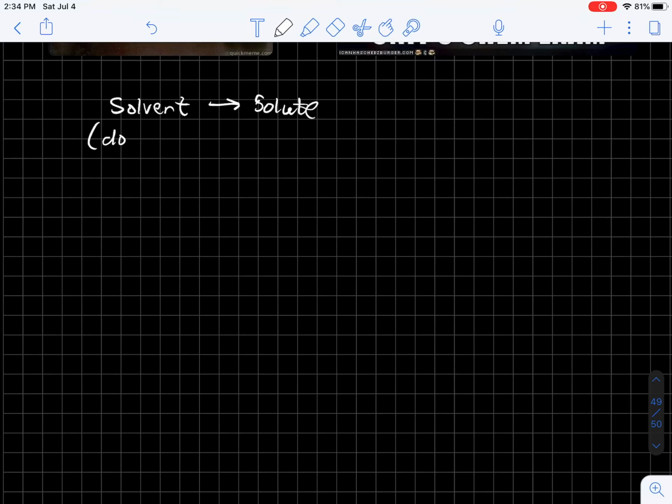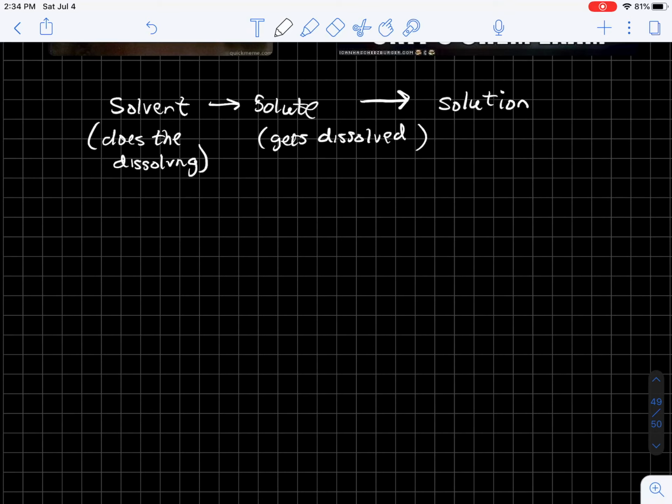So the solvent is the thing that does the dissolving, and the solute is the thing that gets dissolved. And when we put these together, we make what's called a homogeneous solution. That means that they look like they're one entity, but they're really not. The solute has just become spread out inside the solvent.